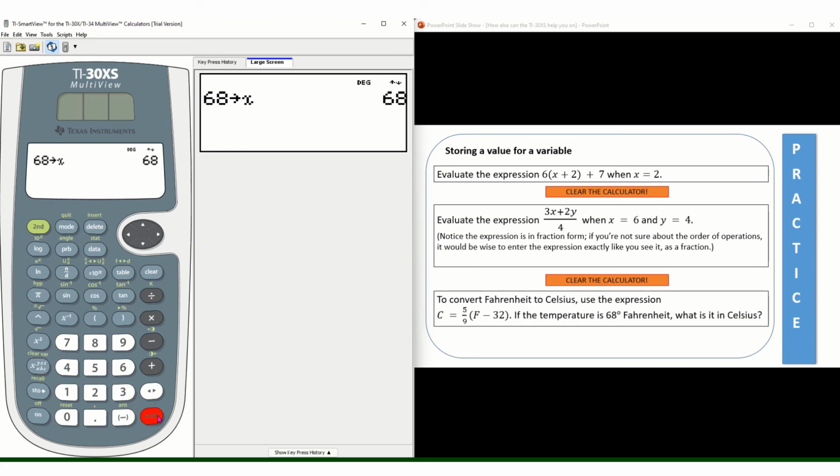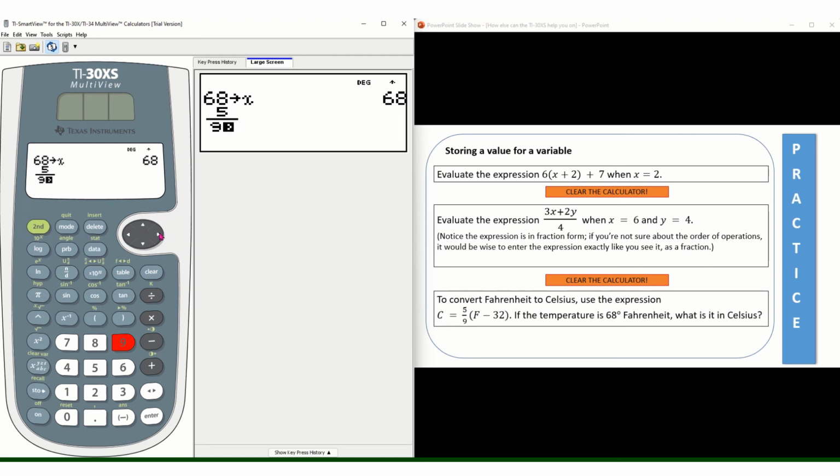Now I need to enter the expression. We have a fraction first. So I'm going to press my fraction key, 5, then the down arrow to get to my denominator, 9. And now you have to be mindful if you haven't used this fraction key. Notice that if you don't press the right arrow key to get out of the fraction, you're going to start entering the rest of this equation in the denominator, which is not what we want.